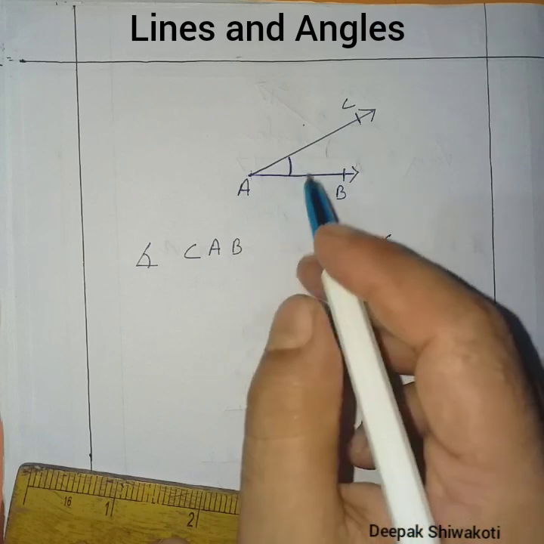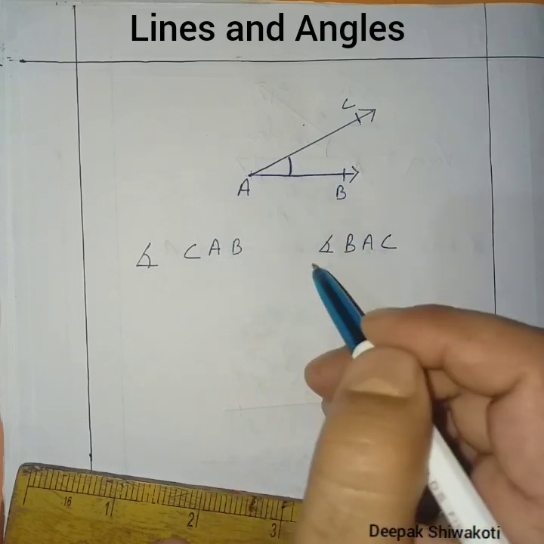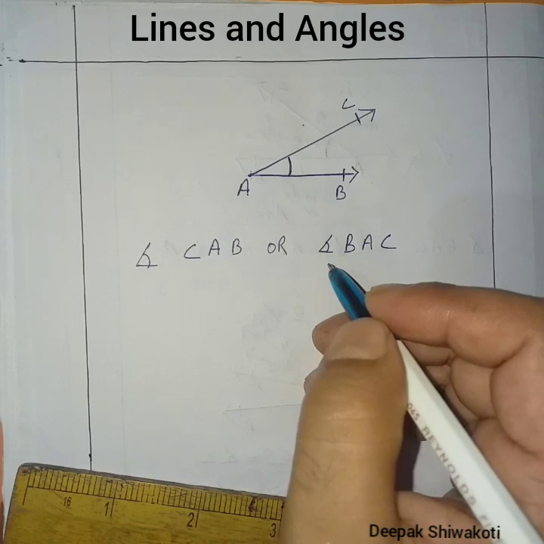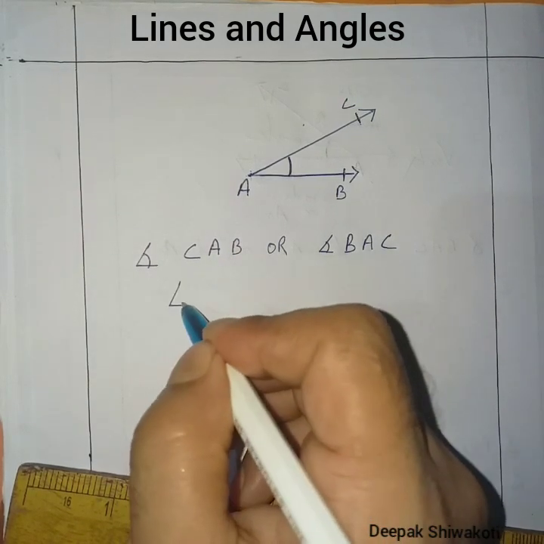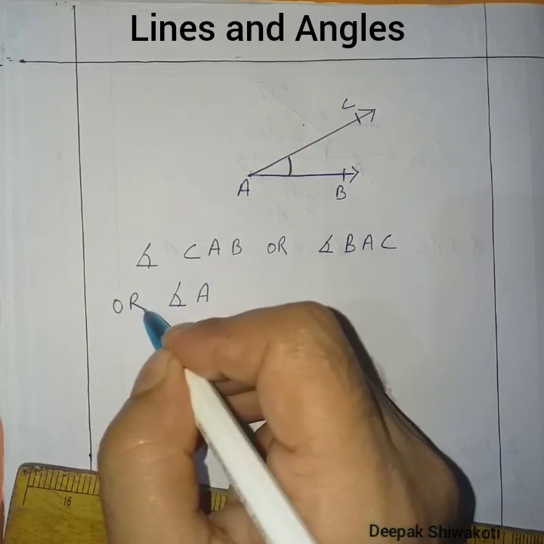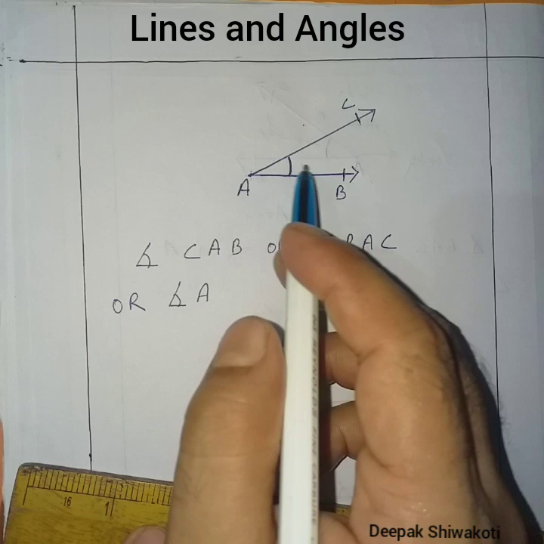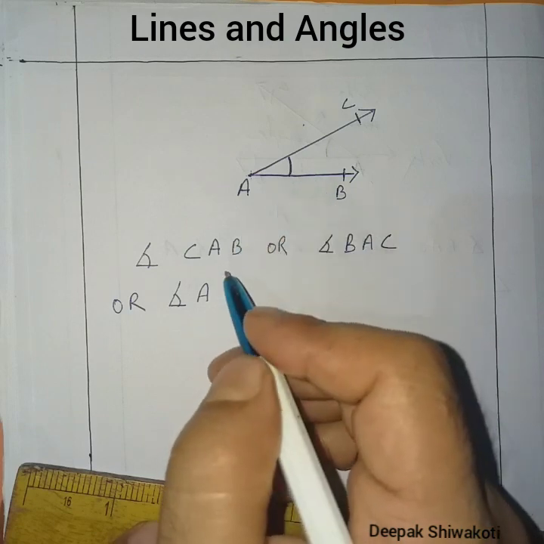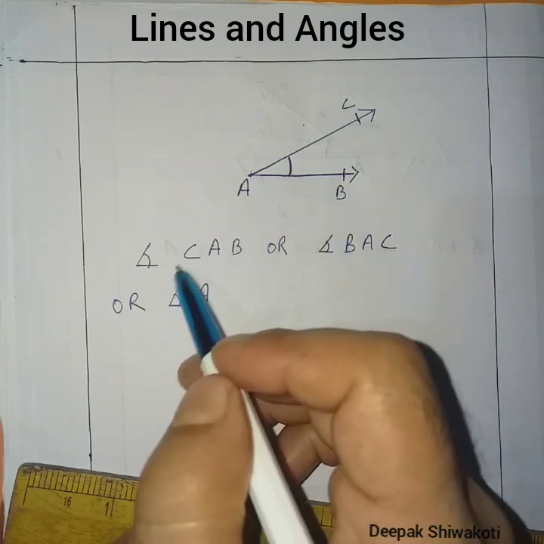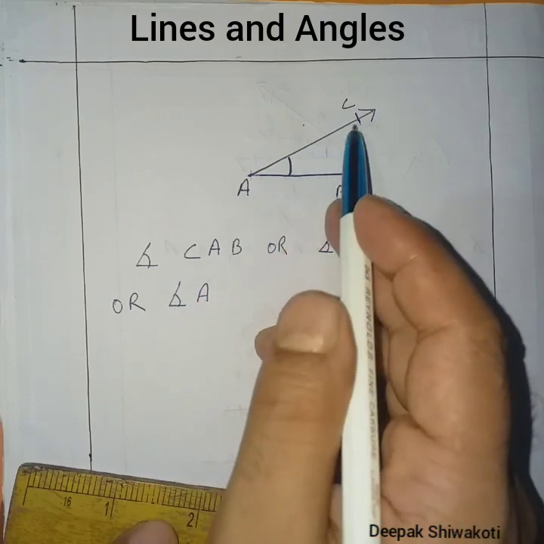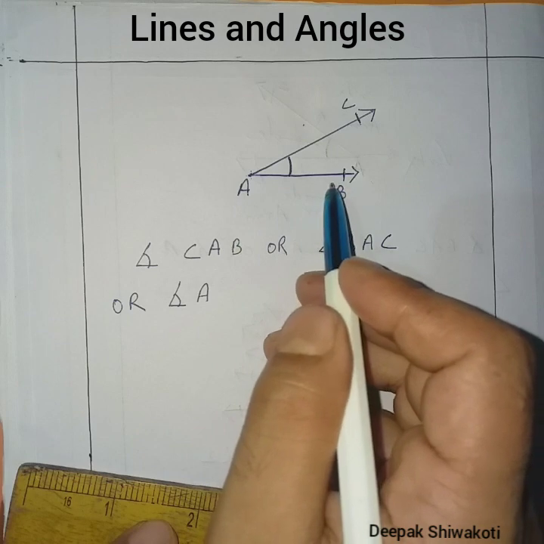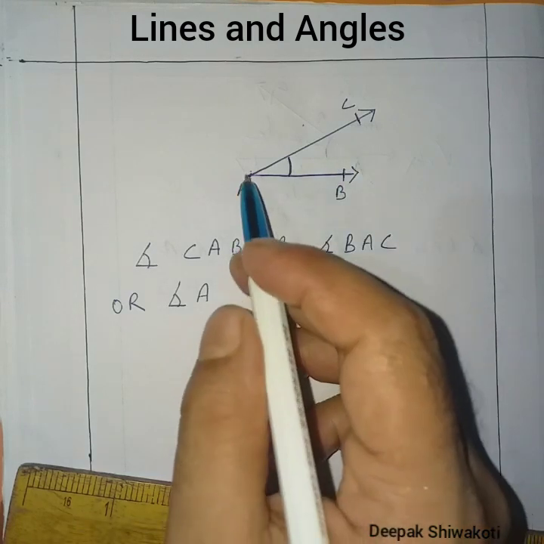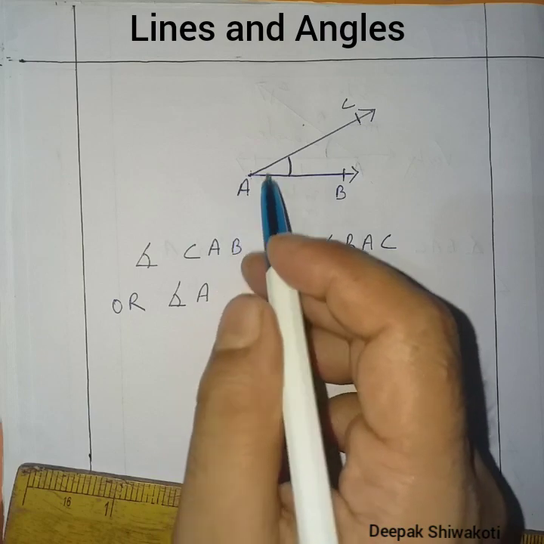So we can call this figure angle CAB or angle BAC, or simply we can name it angle A. So there are three ways to name an angle: angle CAB, with a point on one arm, the vertex, and a point on the other arm, or simply naming the vertex.